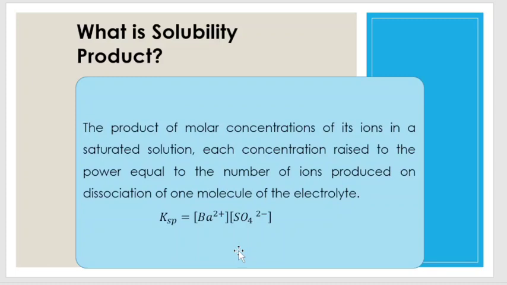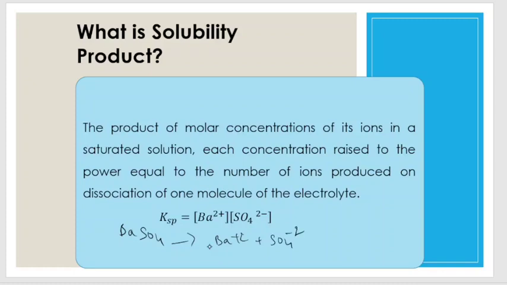What is solubility product? The product of molar concentrations of its ions in a saturated solution. Each concentration is raised to the power equal to the number of ions produced on dissociation of one molecule of electrolyte. For example, suppose we consider BaSO4, it is converting into Ba plus 2 and SO4 minus 2.